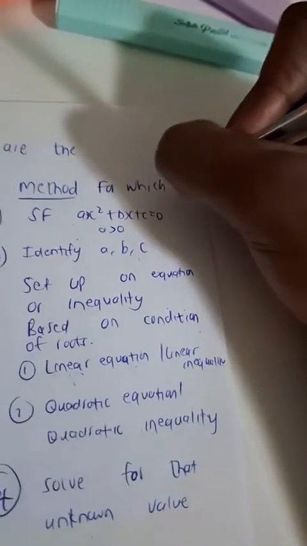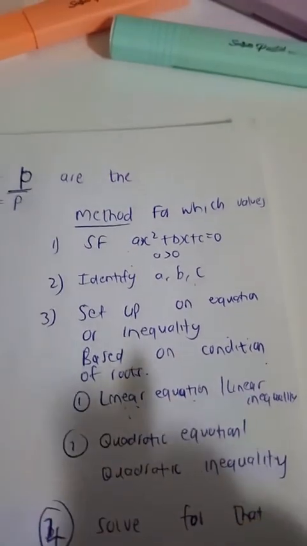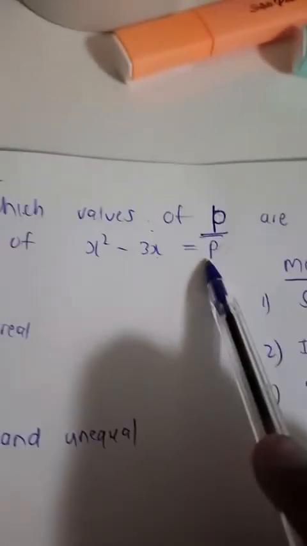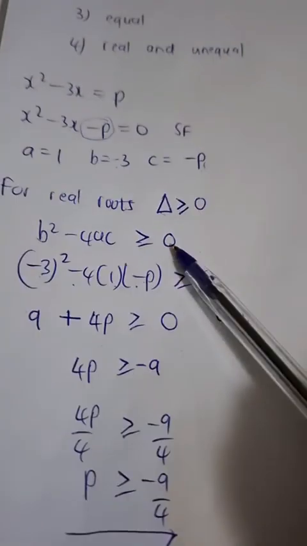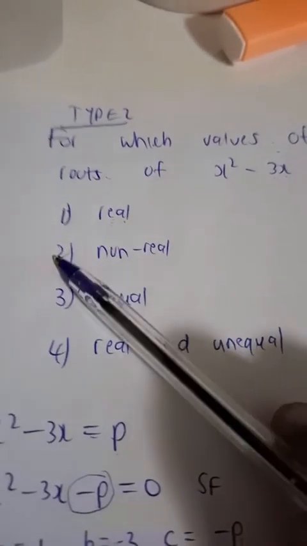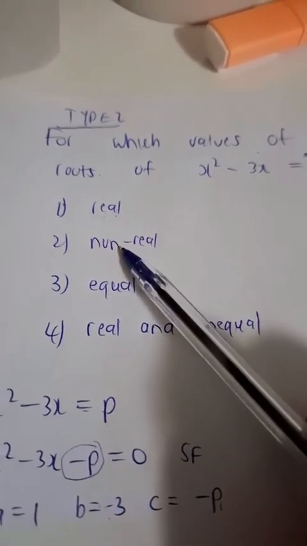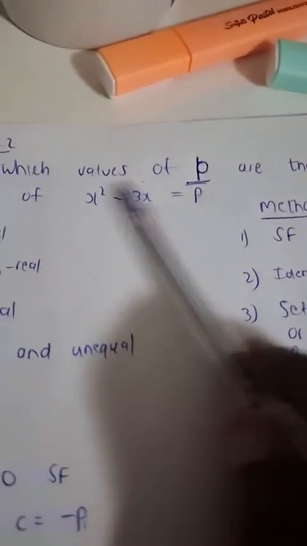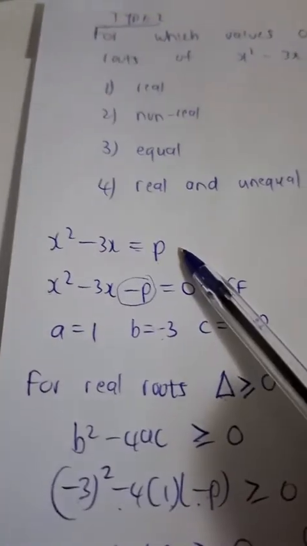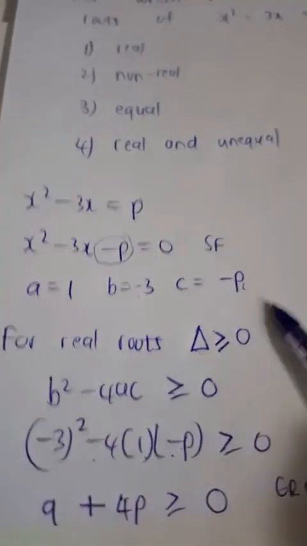You are trying to find the unknown variable by using a particular condition based on the roots. So if I was answering number 2, the only thing that will change is that I will rewrite this in standard form again, identify a, b, and c.